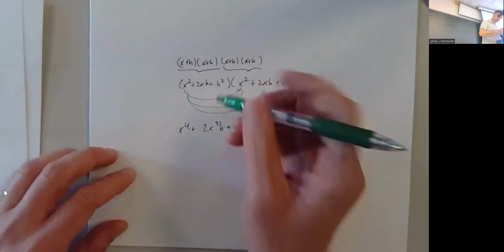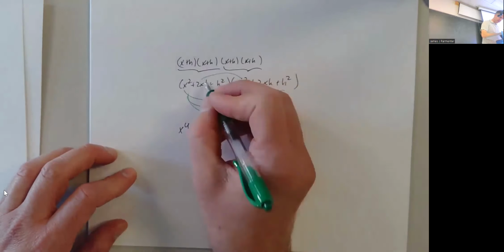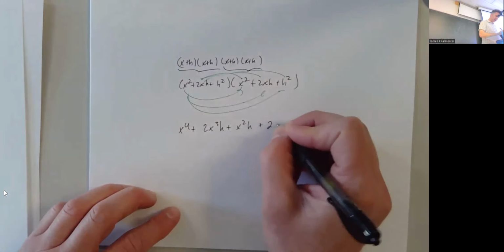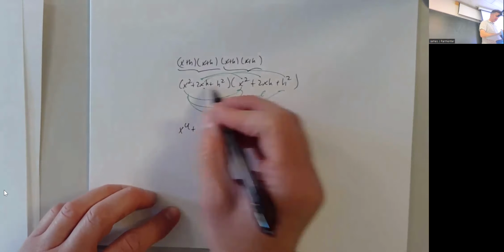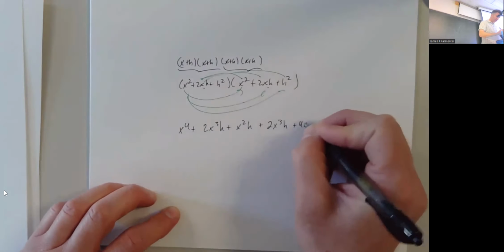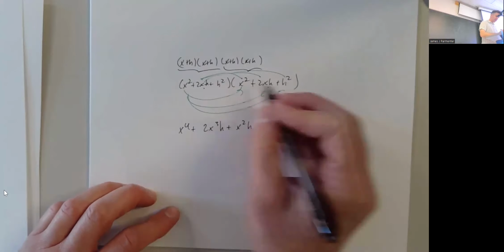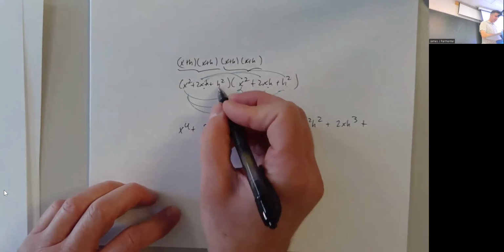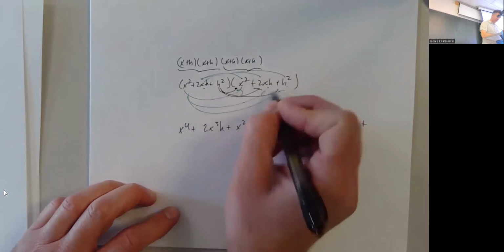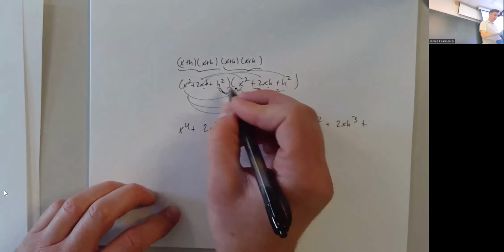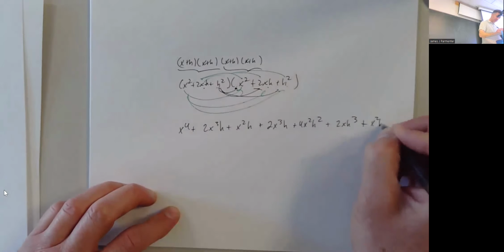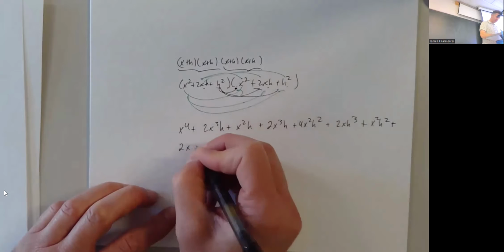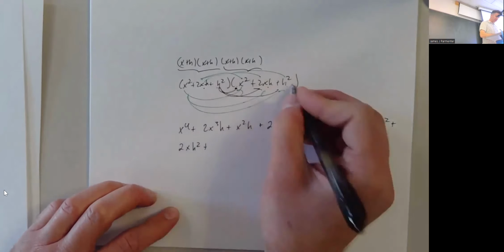And then, okay, this. You've got 2xh times x squared is 2x cubed h. 2xh times 2xh is 4x squared h squared. 2xh times h squared is 2xh cubed. Plus finally the h squared times each thing. H squared times x squared is x squared h squared. Order doesn't matter. H squared times 2xh. And finally, h squared times h squared is h to the 4th.